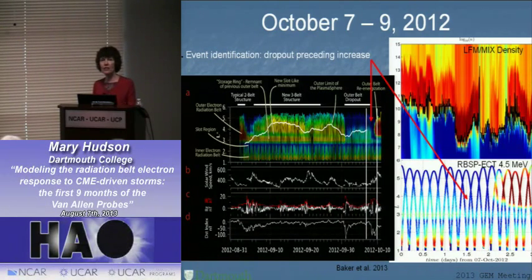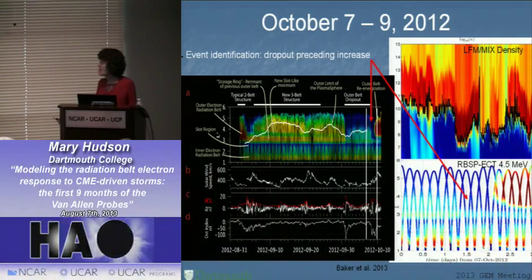So once again, we use the LFM simulation code to feed in the upstream solar wind parameters from ACE. And this is a plot from that simulation that shows you this black line, which is the location of the magnetopause as a function of time.